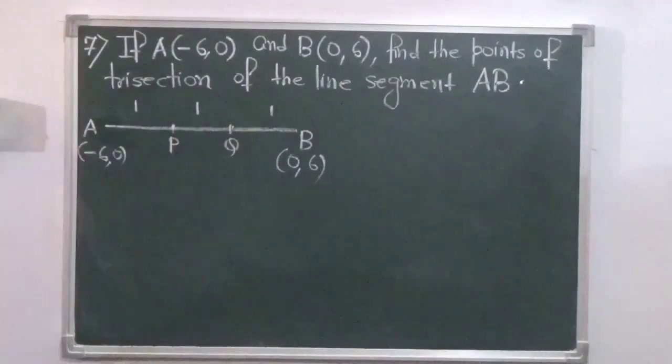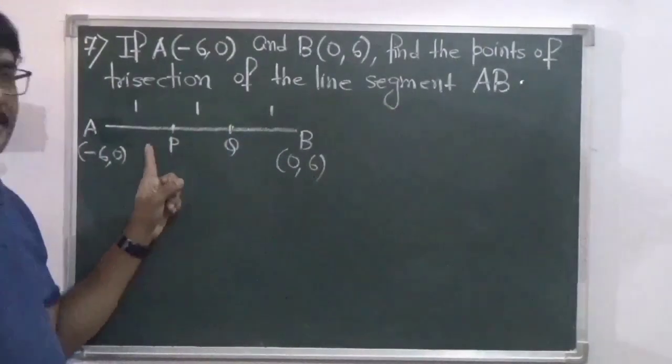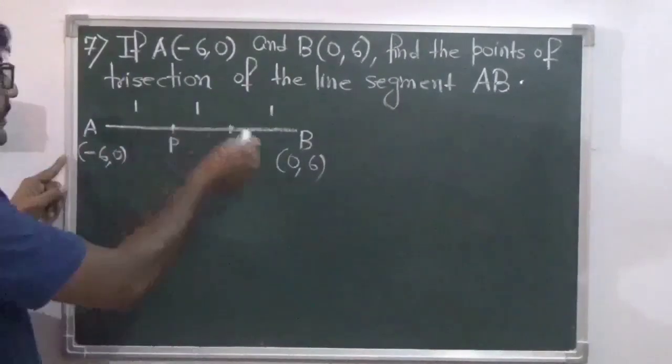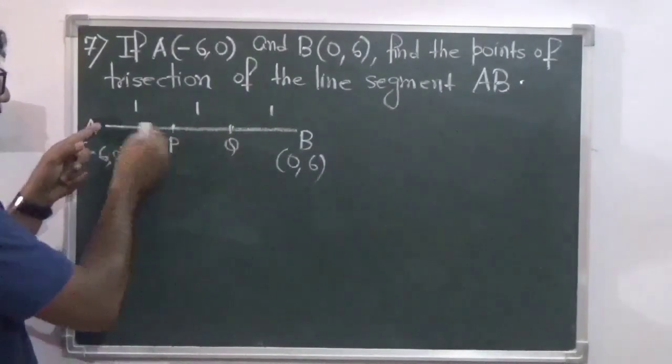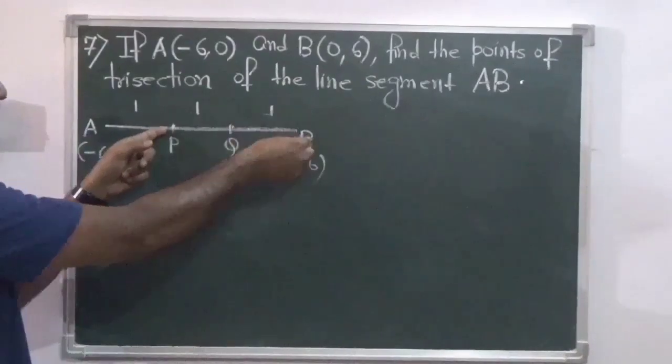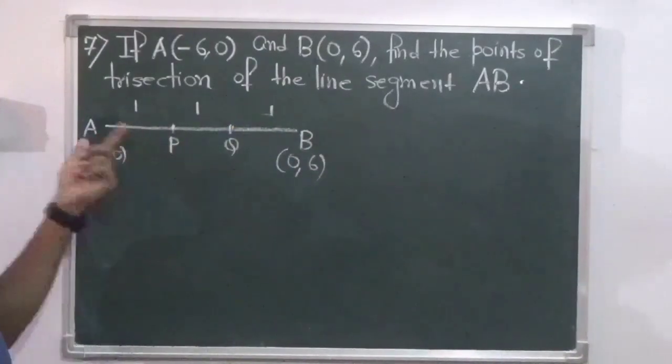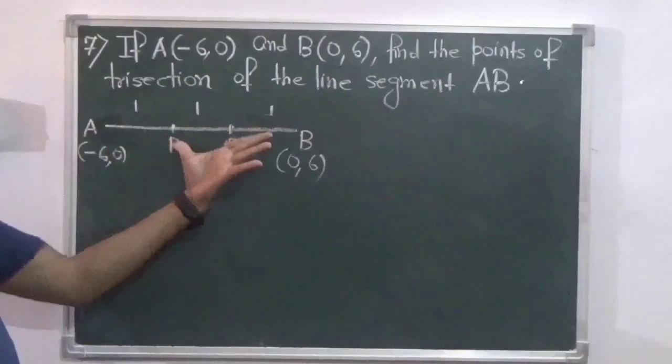If you are to find the coordinates of the point P, then P divides AB in the ratio of 1:2. AP is 1 and PB is 1 plus 1, that is 2. So P divides AB in the ratio of 1:2.